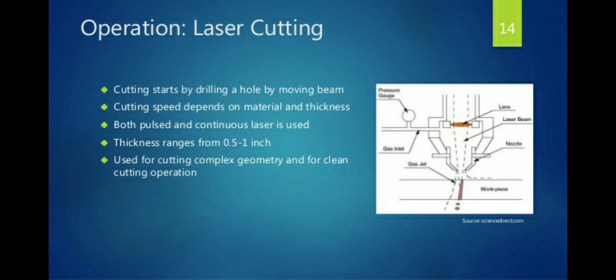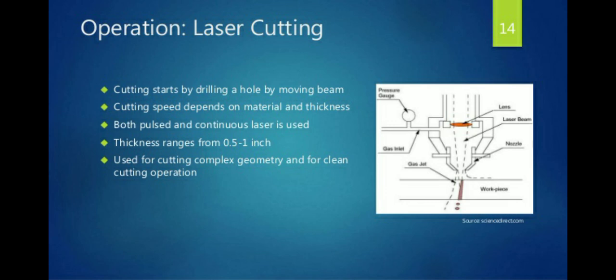The second point: the cutting speed depends on material and thickness. All the parameters used in laser beam machining mainly depend on the workpiece material and also the thickness, how much you want to machine. Both pulsed and continuous lasers are used.